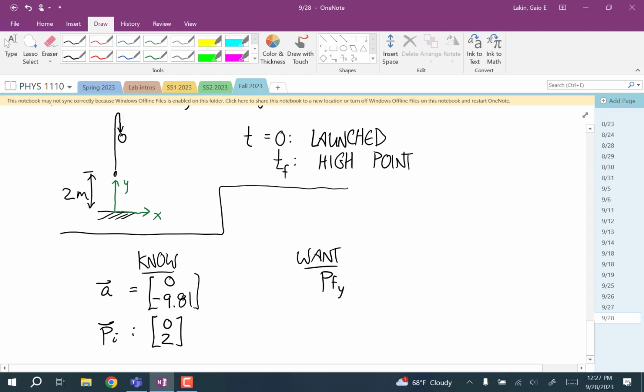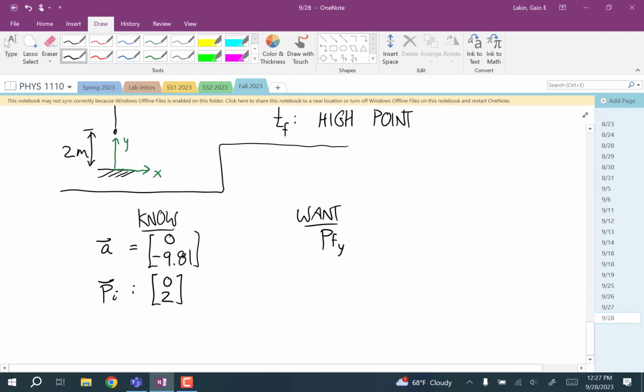It's going straight up, so this is the initial velocity vector. It has a magnitude of 20. If you think of putting the tail of that vector at the origin, you're just trying to figure out what the coordinates are of that point. So what are the components of that vector? 0 for x, 20 for y, okay?